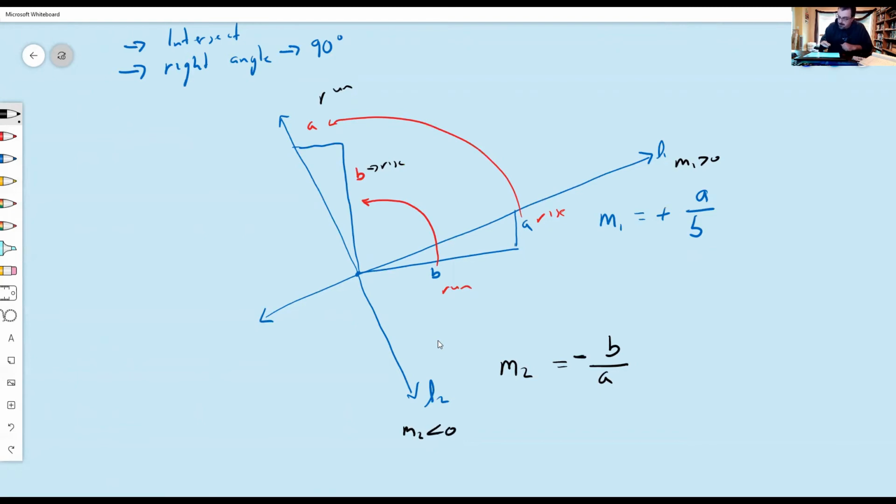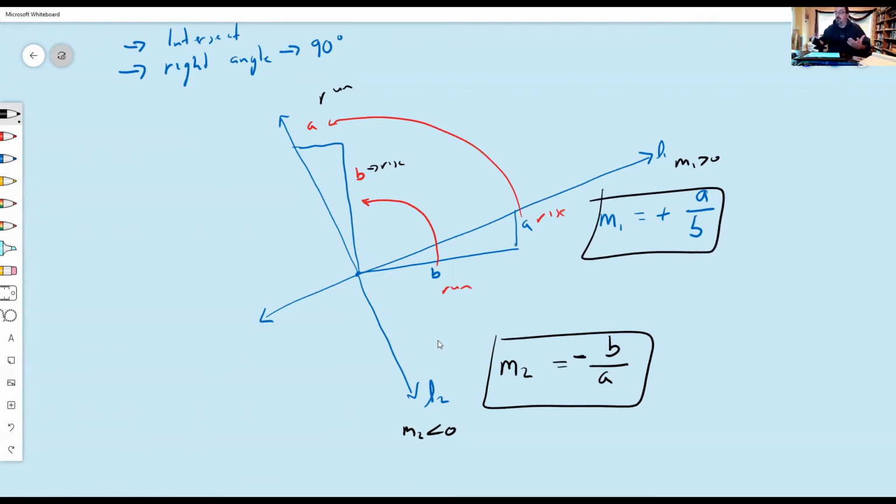So I got to stick a minus there. So these are two slopes from line 1 and line 2. How are they the same or how are they different? They're literally just reciprocals of each other. One's positive and one is negative.